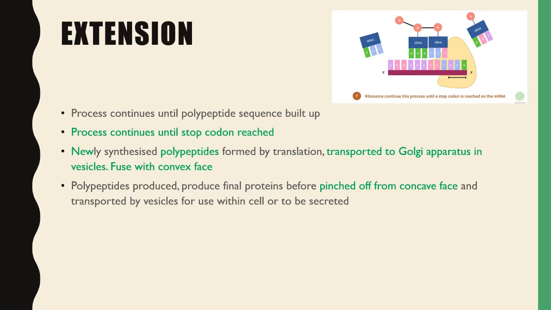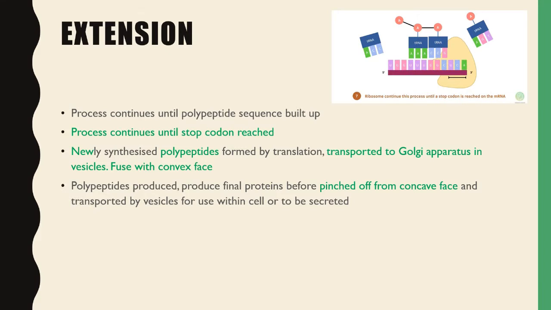Then you have another molecule coming in, the AGT, and that will come into the A site. So your AAA will be broken off, and after the peptide bond is made, CCG will be in the P site, and the AGT that's coming in will go into your A site.